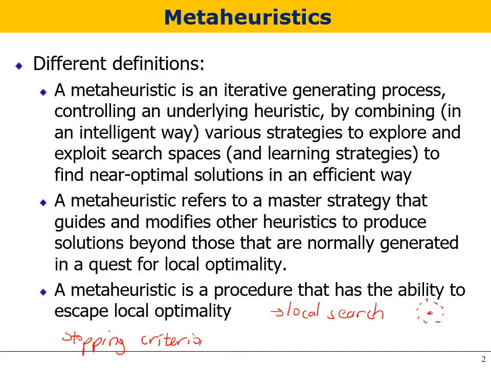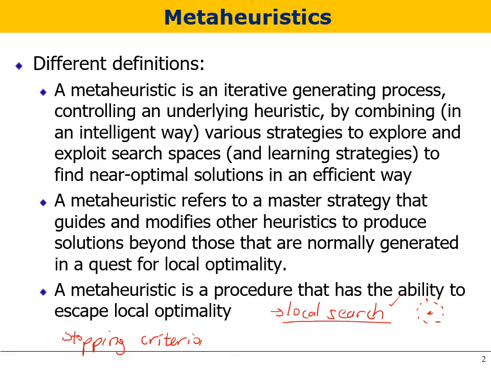If none of the neighbors are better than this one, then you stop. So the stopping criterion is this. You can also stop with respect to some other criteria, but the traditional stopping condition is this.